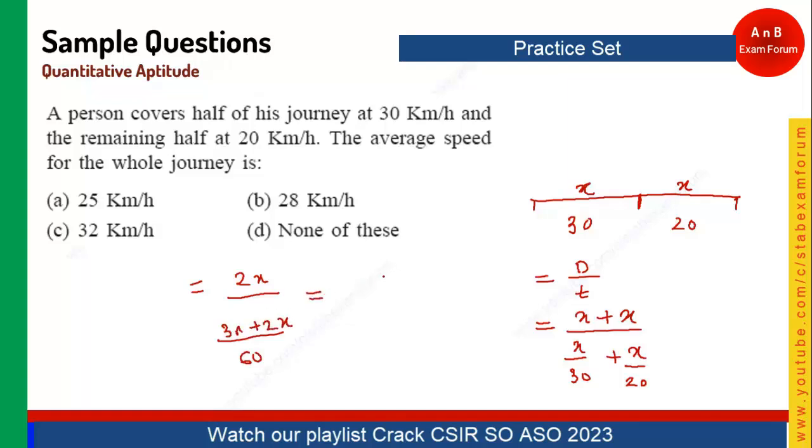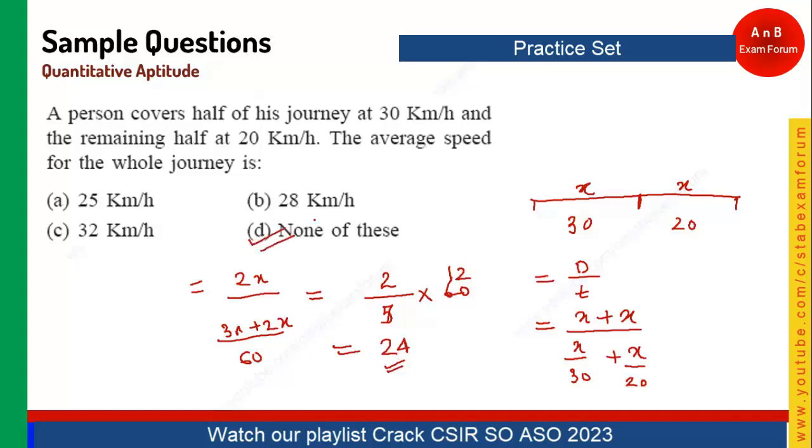You can take x as common, so it becomes 2 divided by 5 into 60. Cancel 5 with 60, 12, 2 twelves are 24. So the average speed is 24 km per hour, and it is not in the options, so none of these is correct.